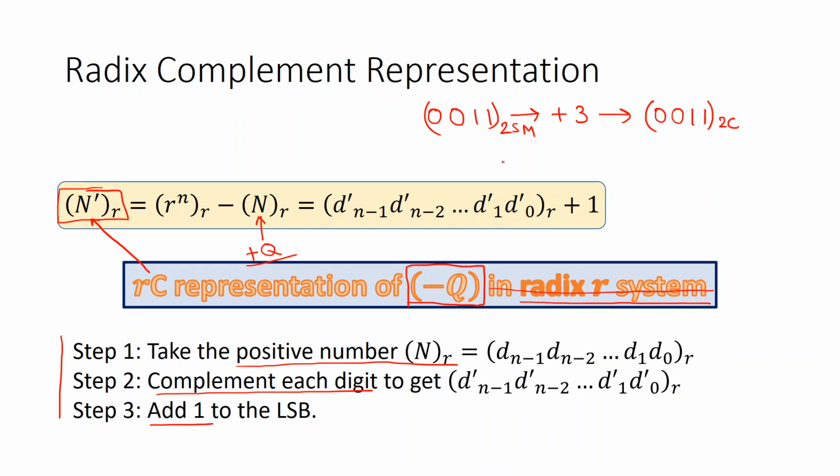If I tell you that for the positive number, the binary and the 2's complement are exactly the same, then I might be making a mistake, because 11 in binary is 3, but 11 in 2's complement would not be plus 3.